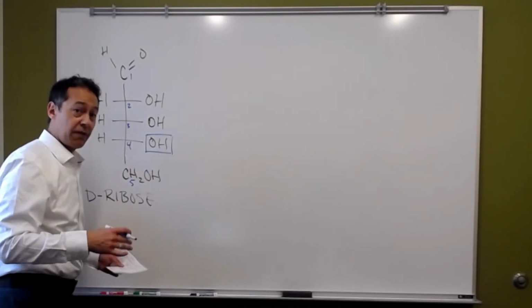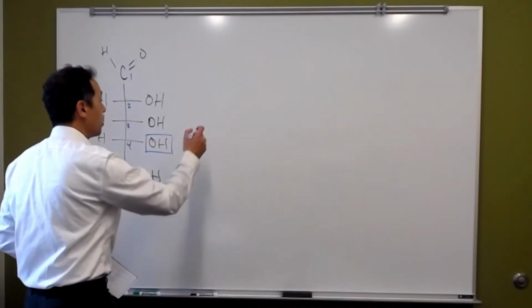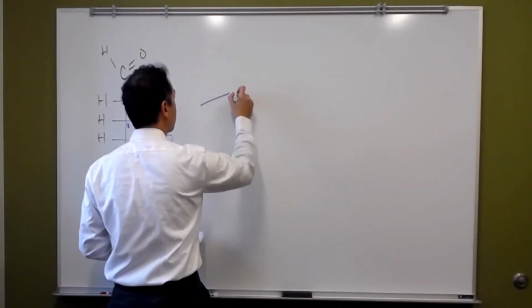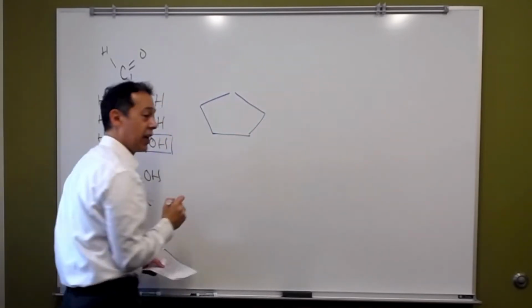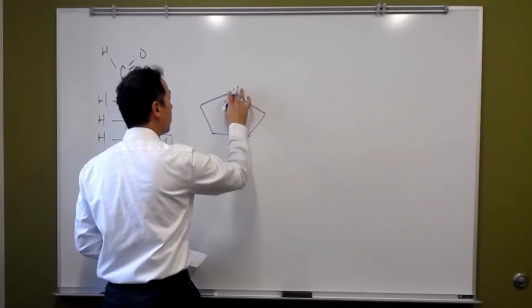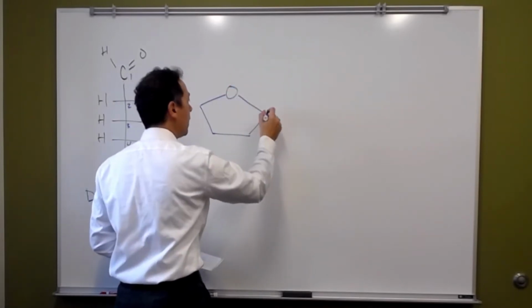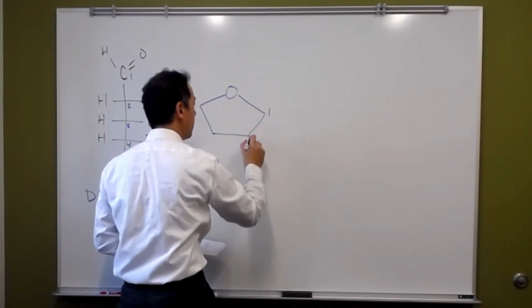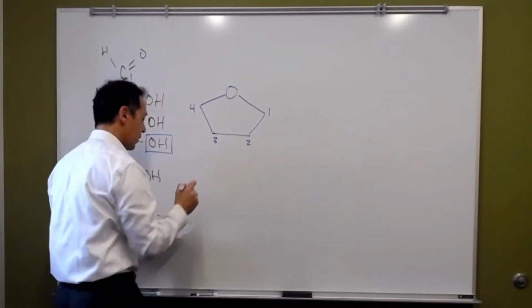This is going to be a 5-membered ring instead of a 6-membered ring, and it's going to look like this, where I'm going to try to get artistic here. There's my 5-membered ring, and I'm going to put my oxygen up here, and then this right here is going to be my carbon number 1, 2, 3, 4, like this.